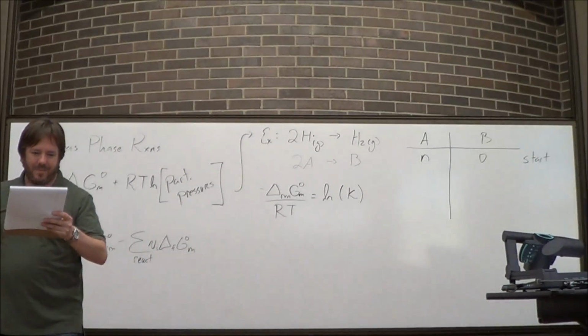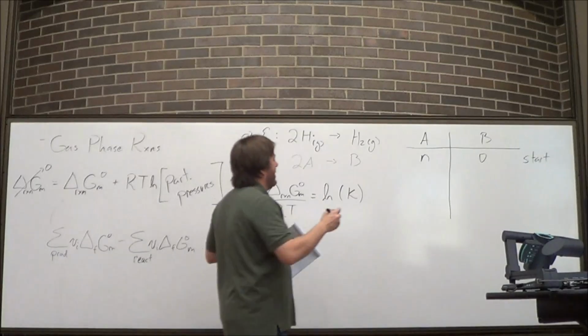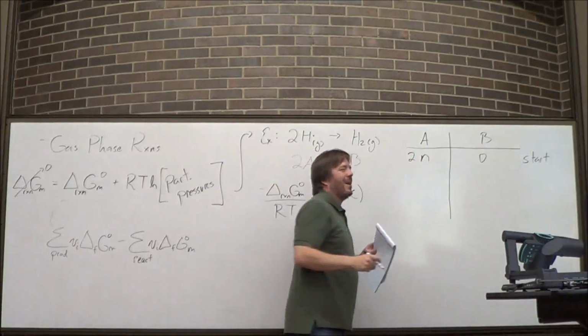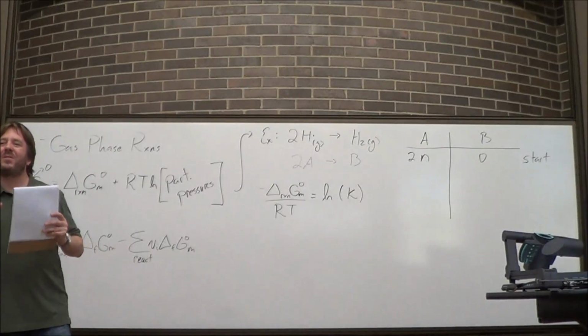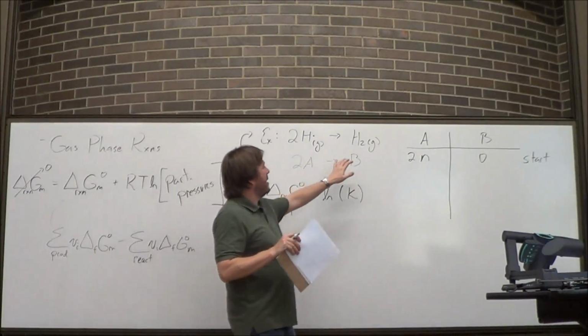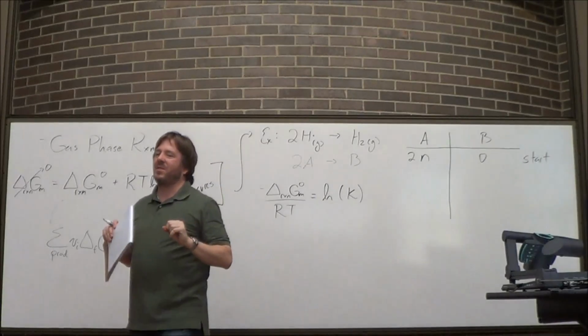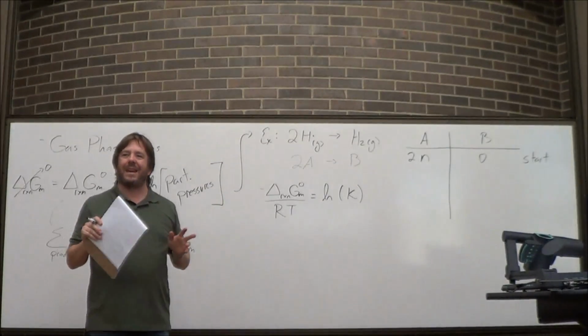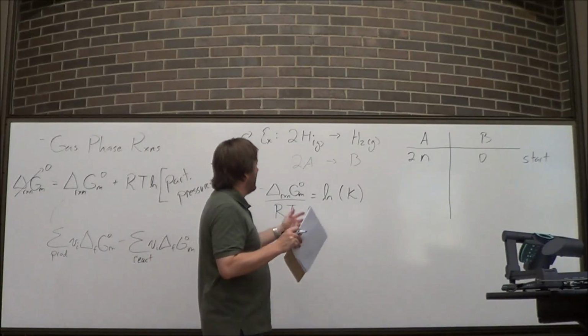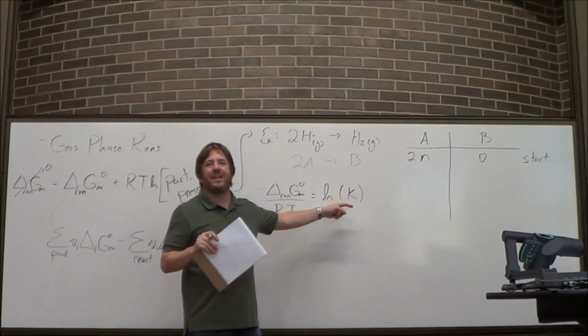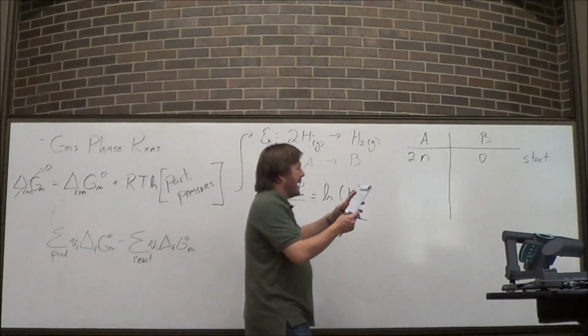Oh, let me see what I did in my notes. Tell you what, let's do that, because I do it in my notes. I don't want to screw this up. I call it 2N. It doesn't matter. If you started with N, you're just going to end up with half an N at the end. If you start with 2N, you end up with 1N at the end. Your answers will still be correct. That's the thing that's amazing about this, and that's because, remember, these are ratios.